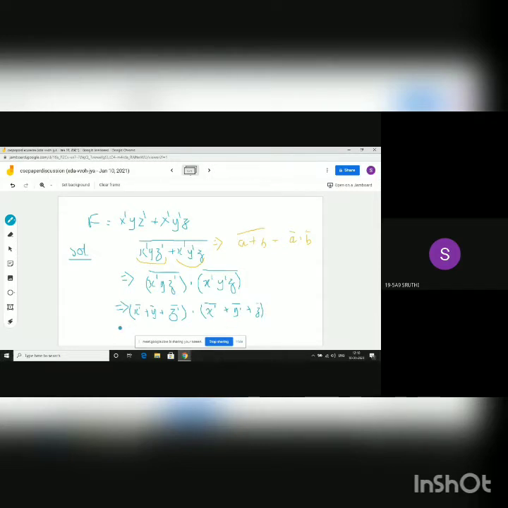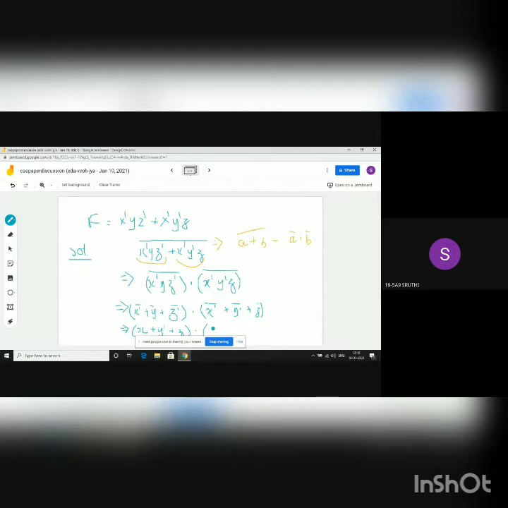Now simplifying further, x complement, the whole complement, is nothing but x. Now y complement plus z complement, the whole complement, is z, dot.